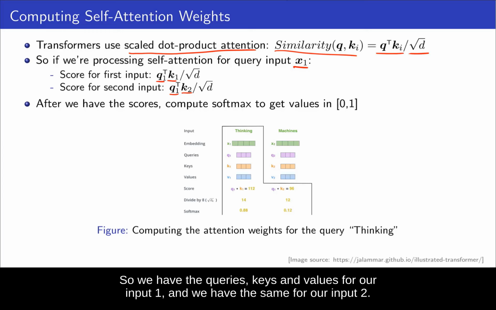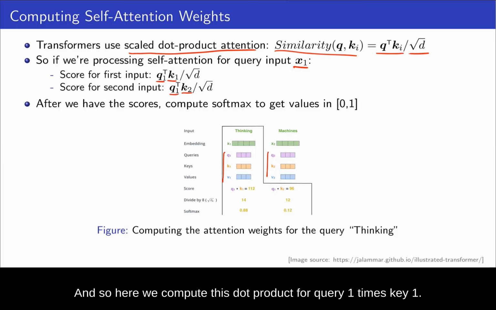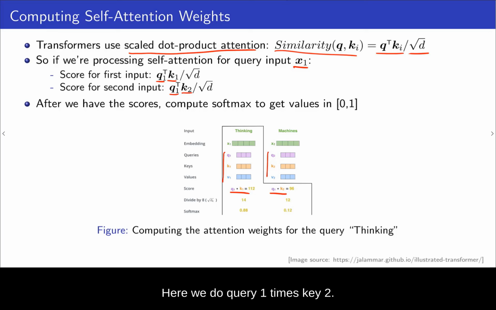So we have the queries, keys, and values for our input 1, and we have the same for our input 2. Here we compute this dot product for query 1 times key 1. Here we do query 1 times key 2.